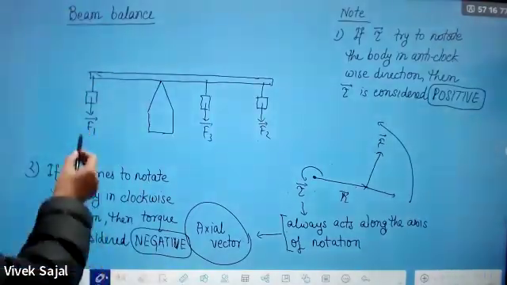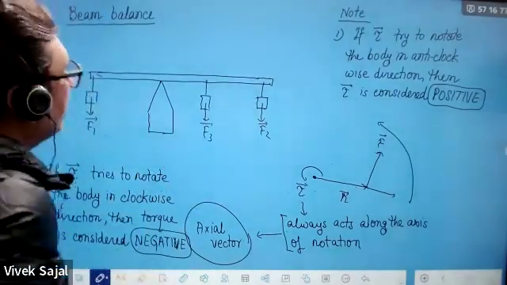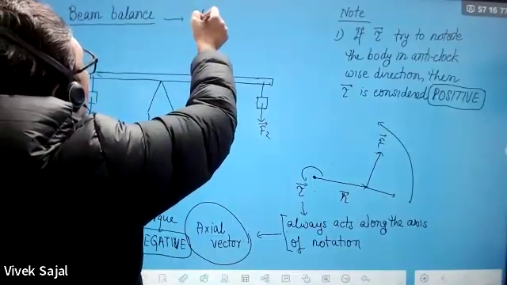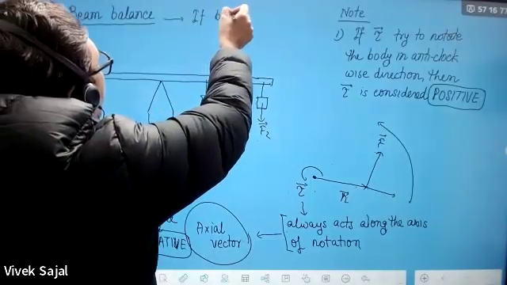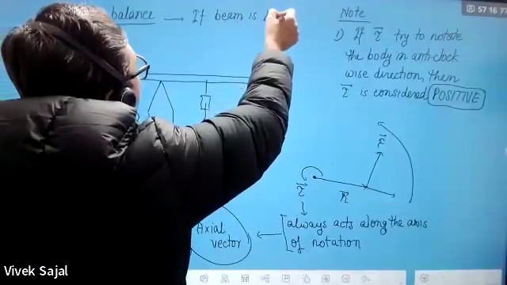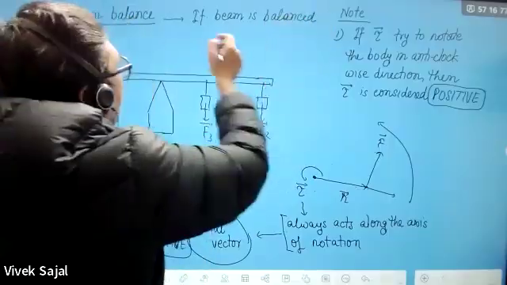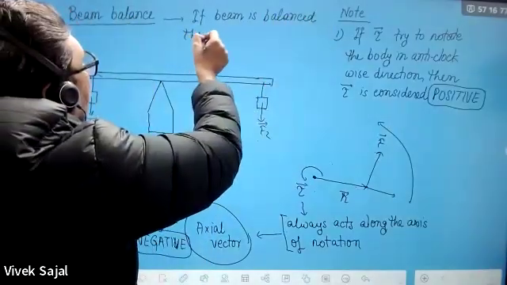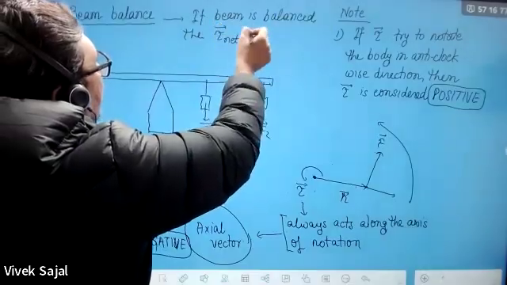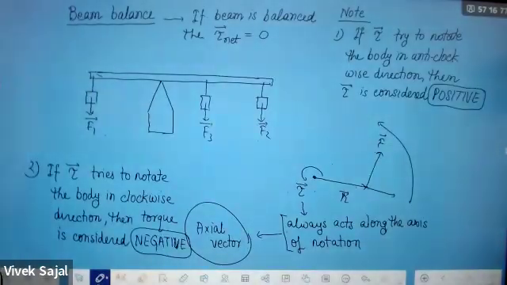Okay, so here, look here. If you are saying this beam is balanced, which means it is horizontal, then the net torque acting on it will be 0.